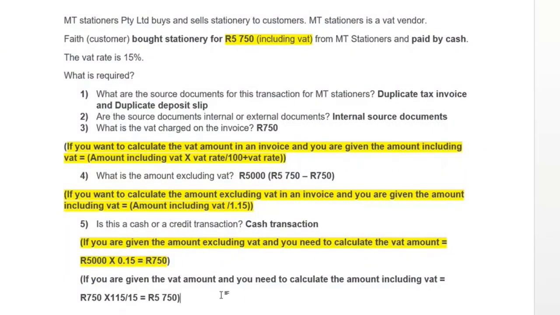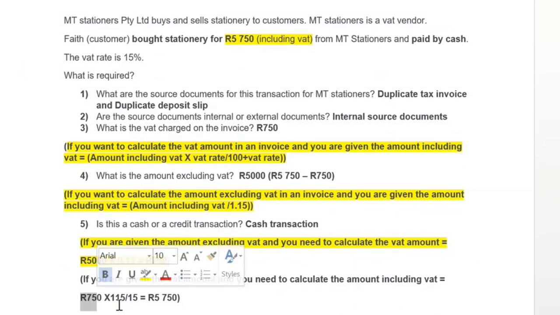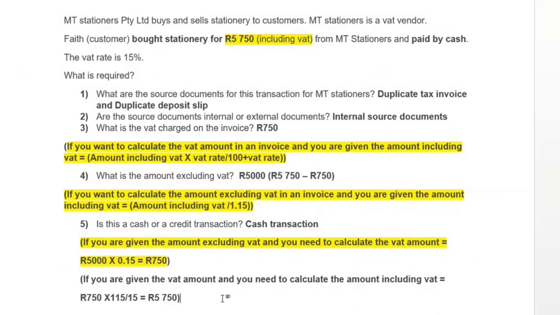So if you are given the VAT amount and you need to calculate the amount including VAT, you take the VAT amount multiplied by 100 plus the rate, divided by the rate.